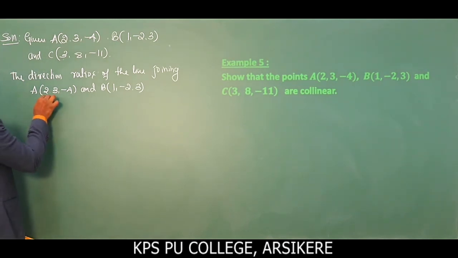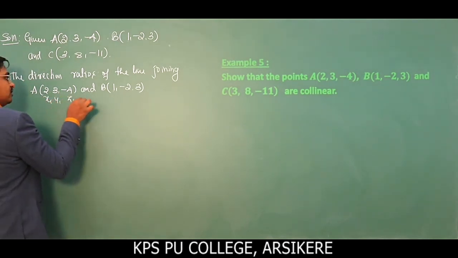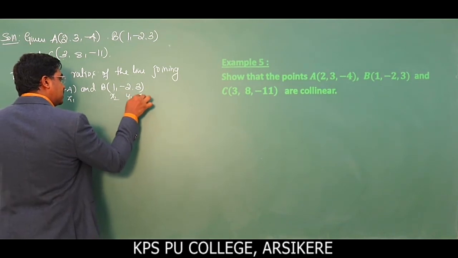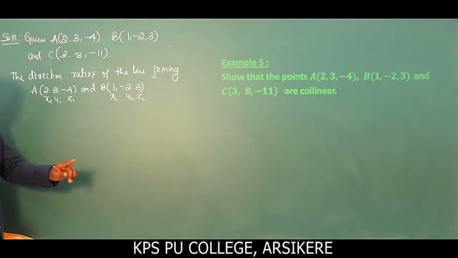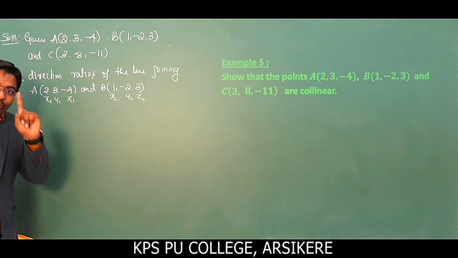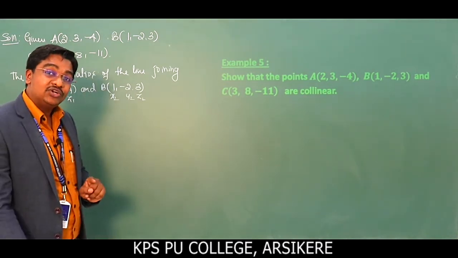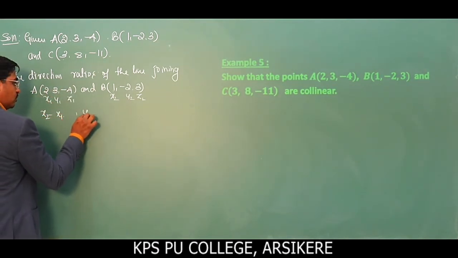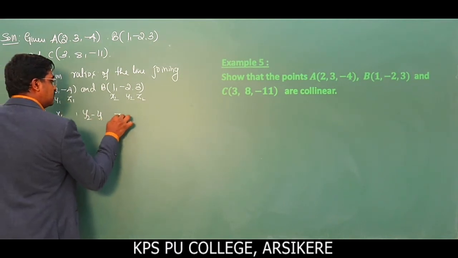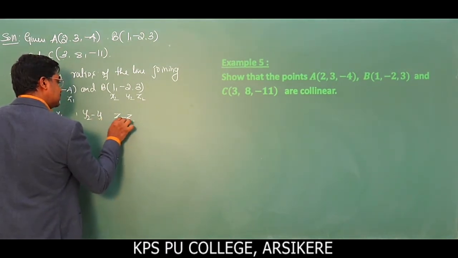Treat this as x1, y1, z1, and here x2, y2, z2. So the direction ratios, concept is very simple: x2 minus x1, y2 minus y1, z2 minus z1. Go with that one.